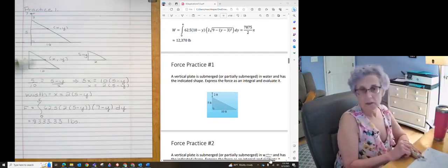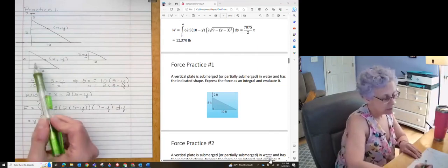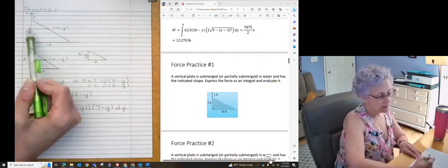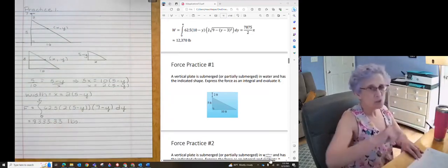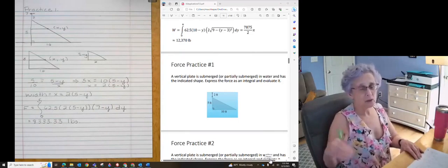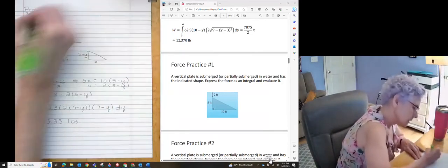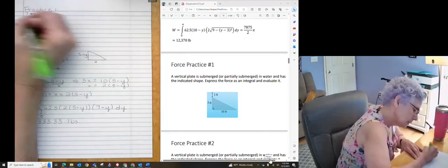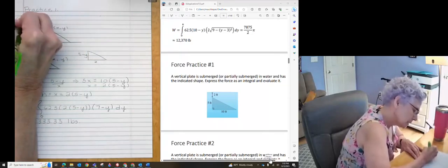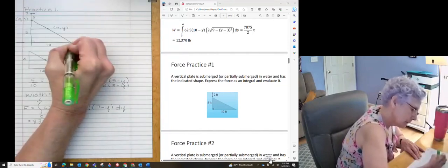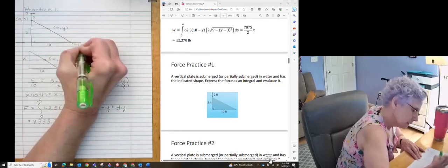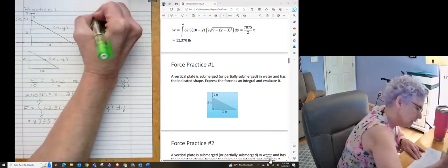So I did similar triangles. This time your similar triangle lives up in the top of your big triangle. Now if you don't like similar triangles, you could have just looked at the point right here, which would be the point 0, 5 feet tall, and the point 10, 0.